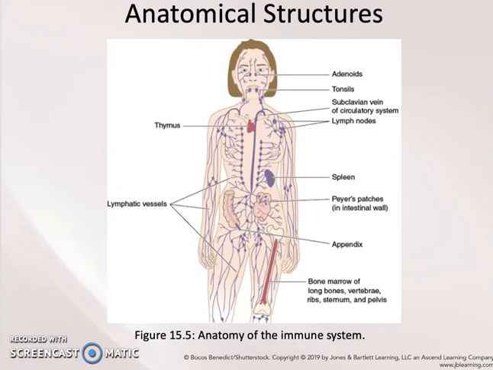Another example of when the immune system goes into overdrive and becomes too potent for its own good is autoimmune disease. Autoimmune diseases are when the immune system fails to distinguish between non-foreign or self cells and foreign, otherwise known as non-self cells.